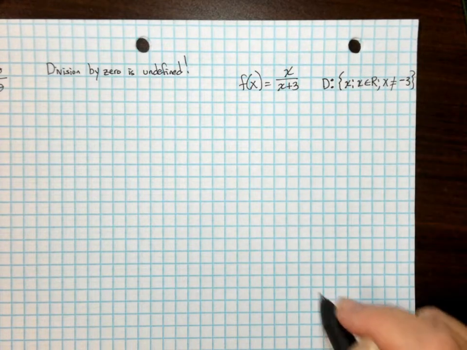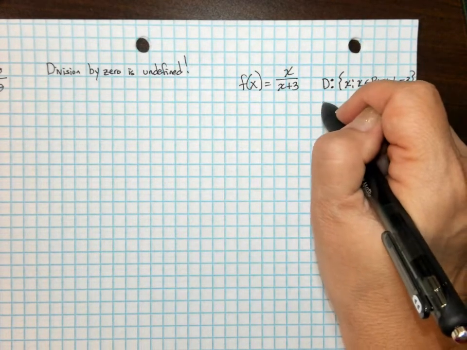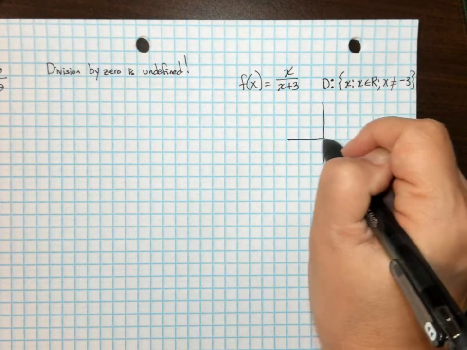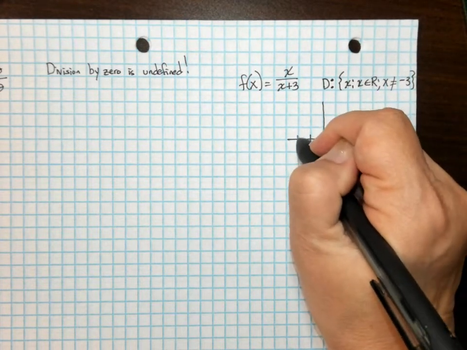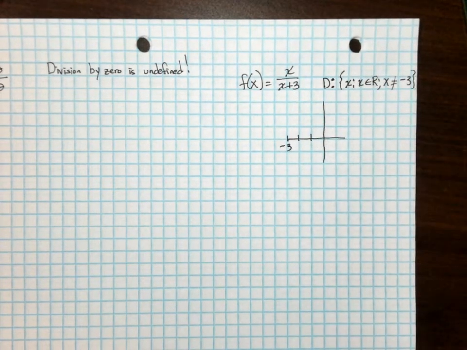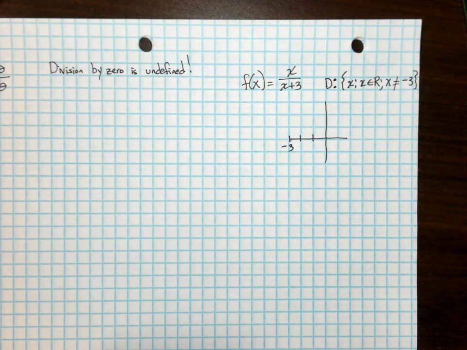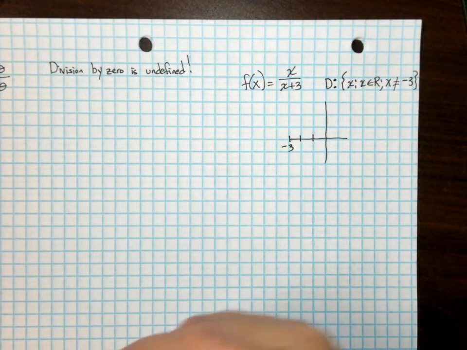Because if it were, that would be 0. So then on my graph, at -3, what's going to be there? Is the graph going to touch -3? Asymptote. An asymptote.